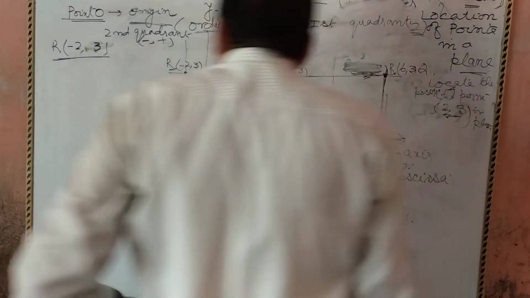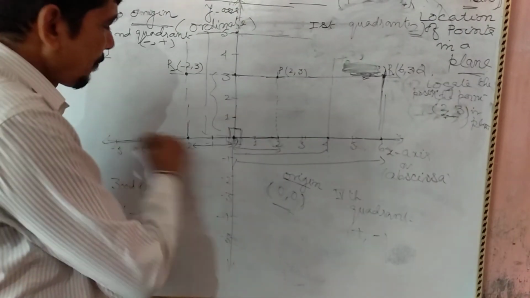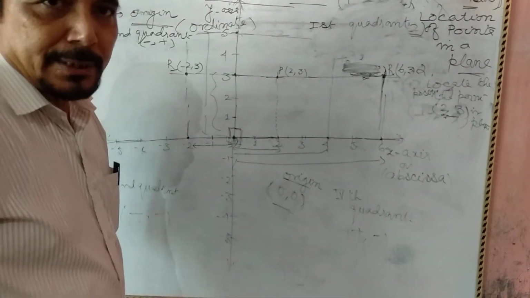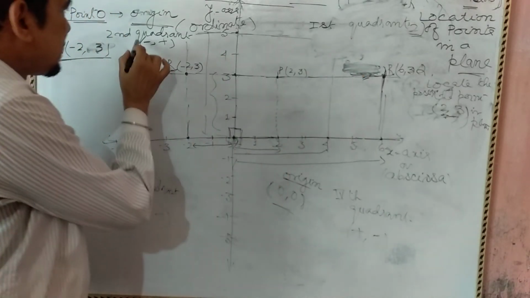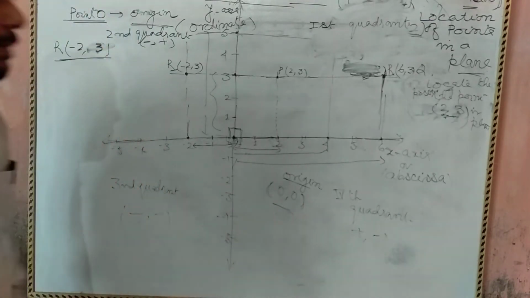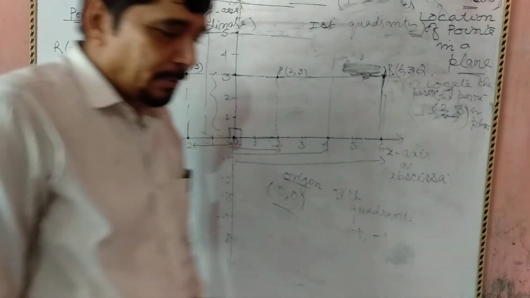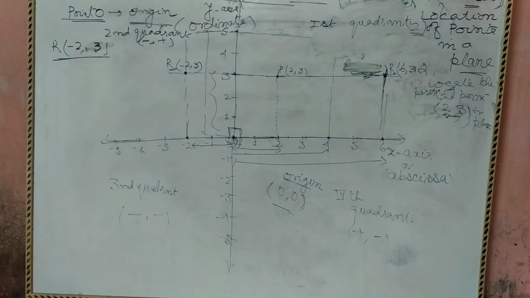Now, by looking at this graph, you can say there are four quadrants. That is the first, that is the second, that is the third, that is the fourth quadrant. A quadrant is 1/4 of the whole.